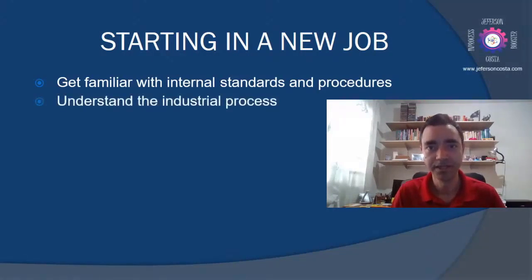And another thing that is very important, of course, is to understand the industrial process that you are working on. If you are in a production plant, you have only one industrial process, for instance, polypropylene.